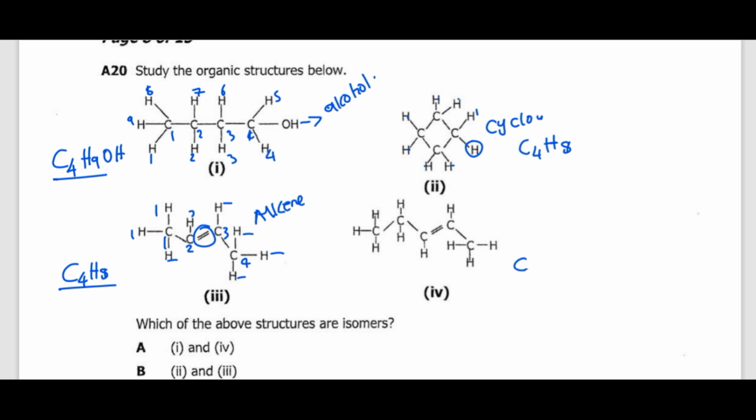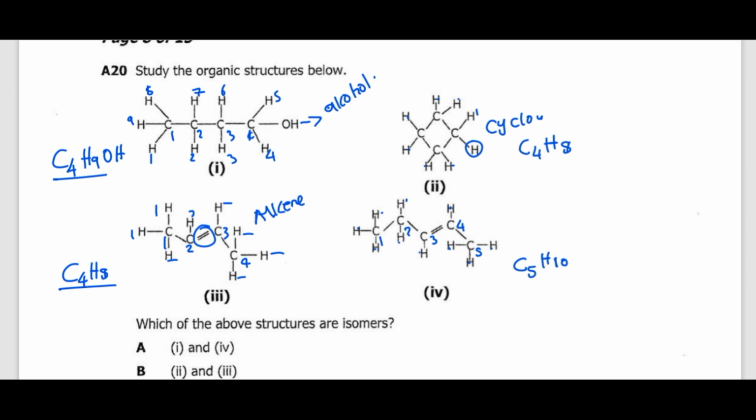For this one we have 1, 2, 3, 4, 5. So we have 5. Then hydrogen, 1, 2, 3, 4, 5, 6, 7, 8, 9, 10. So you can see that we have 10 hydrogen here. Now, from this, we need to look at where we have the same molecular formula.